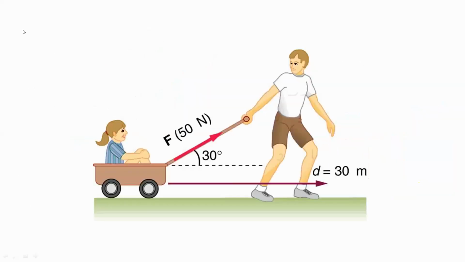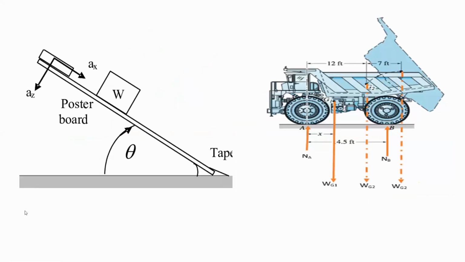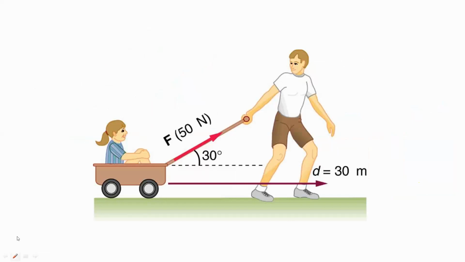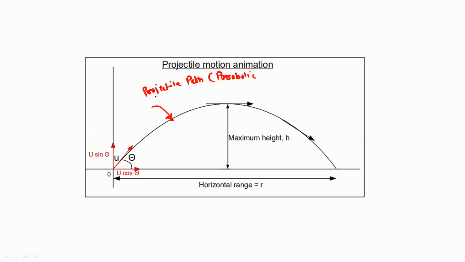Now in the dynamic part, so when we project an object with some initial velocity, let us take 20 meters per second, by making some angle theta with respect to horizontal.